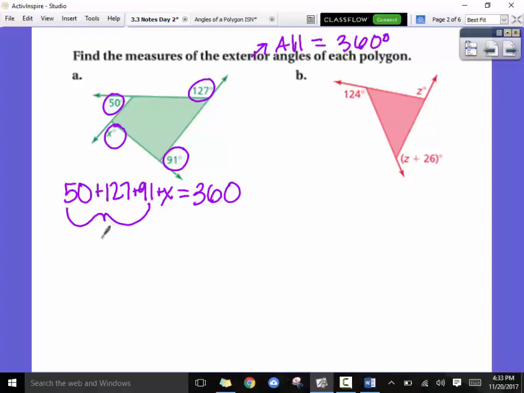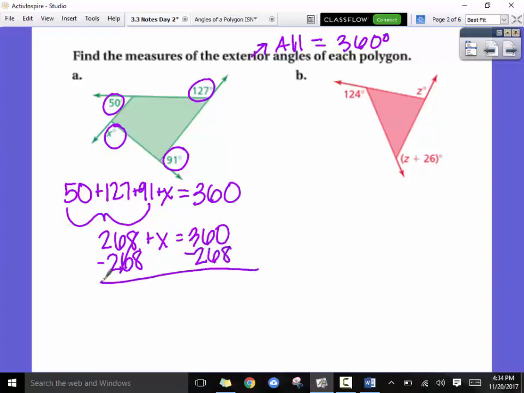You end up with 268 plus x equals 360. Take away 268. 360 take away 268 is 92. So this exterior angle right here is 92 degrees.